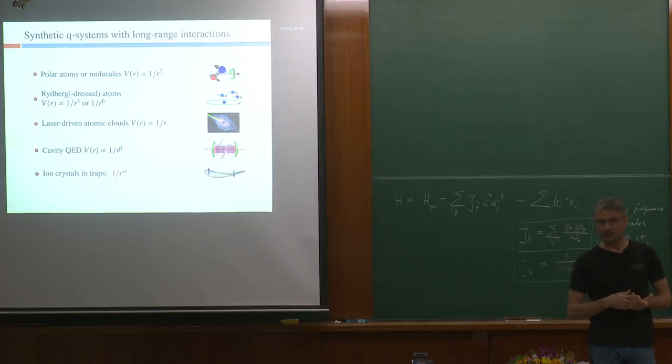There you need single site control, which in these 2D ion crystals has not been achieved fully, but people are on the way, whereas in the 1D ion traps, which are much smaller with usually only 20 or so ions, this can be done very well. So there are different capabilities depending on the platforms.